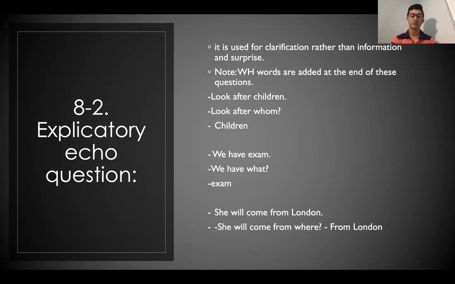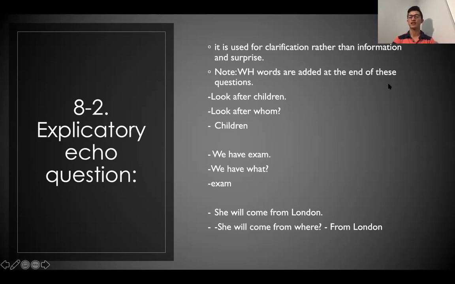It also shows surprise, but you are asking for information also. The first person answers you, children. Look at another one: we have exam. We have what? Exam. You can say it like that.